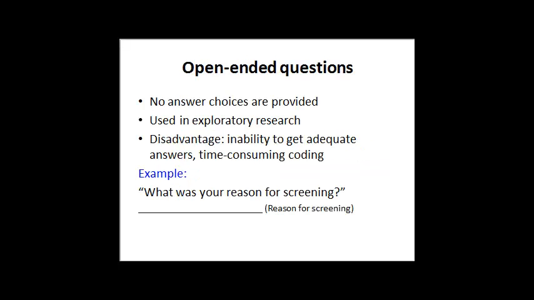Open-ended questions are where you do not provide the respondent with choices of answers, usually used in exploratory research when researchers want to find out a little bit more about a relatively unknown topic, for example. The disadvantage of open-ended questions, though, is that there's an inability to get adequate answers a lot of the time, and so it's quite time-consuming when you want to analyze your data or your results.